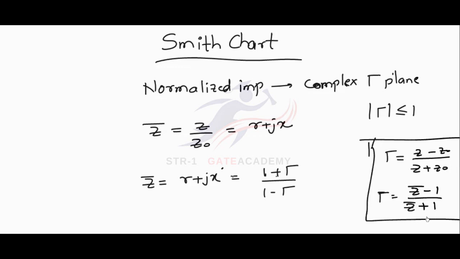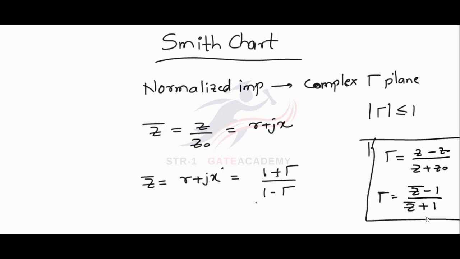Now let me assume that the axes in the complex gamma plane are U and V. The axes in the impedance plane are R and X, whereas in the complex gamma plane I am assuming gamma is U plus jV.